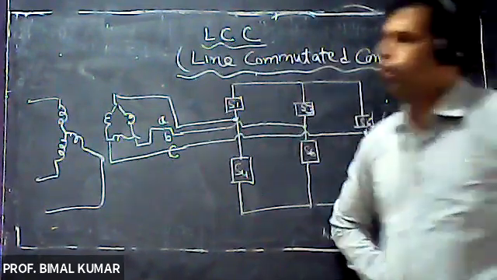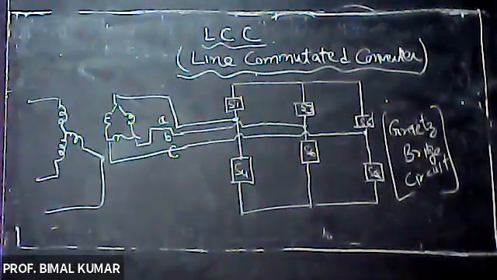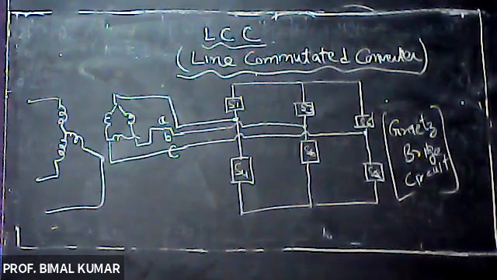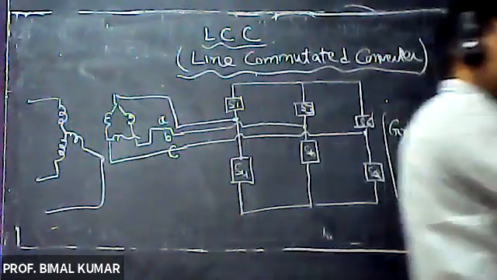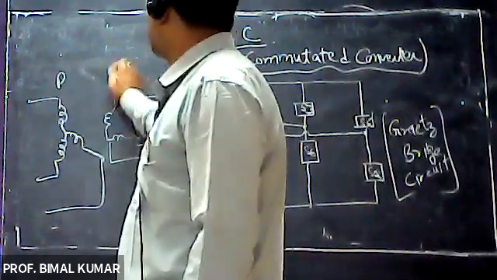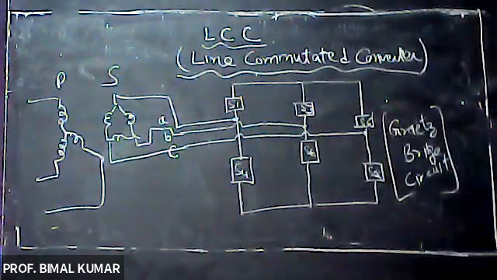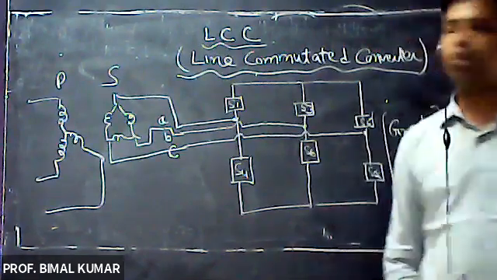What is the basic principle of the transformer? The basic principle of the transformer is electromagnetic induction, or Faraday's laws of electromagnetic induction. So that means there is no physical connection between primary and secondary of the transformer.